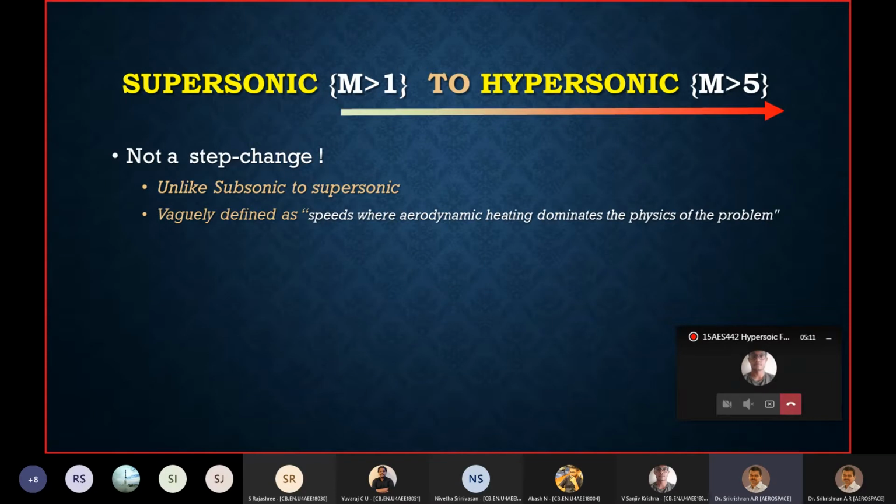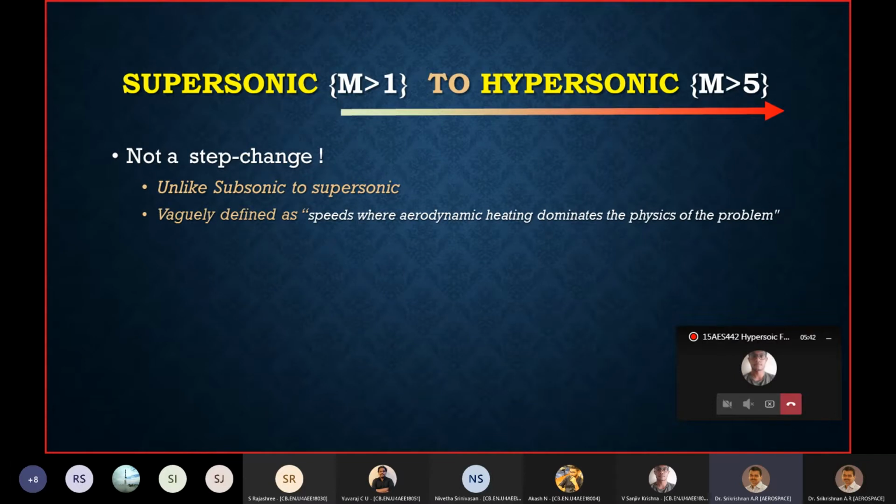Many of the properties and specific flow physics associated with high Mach number flows become gradually more obvious or more dominant starting from the Mach 5 range. So that's why it is conveniently kept as a borderline between the supersonic and hypersonic categories of flow. Otherwise, there is nothing dramatic.